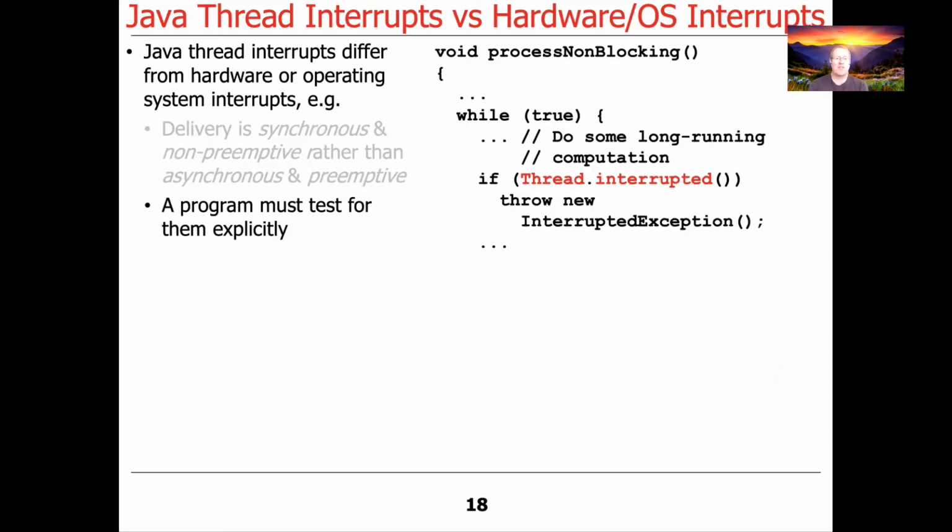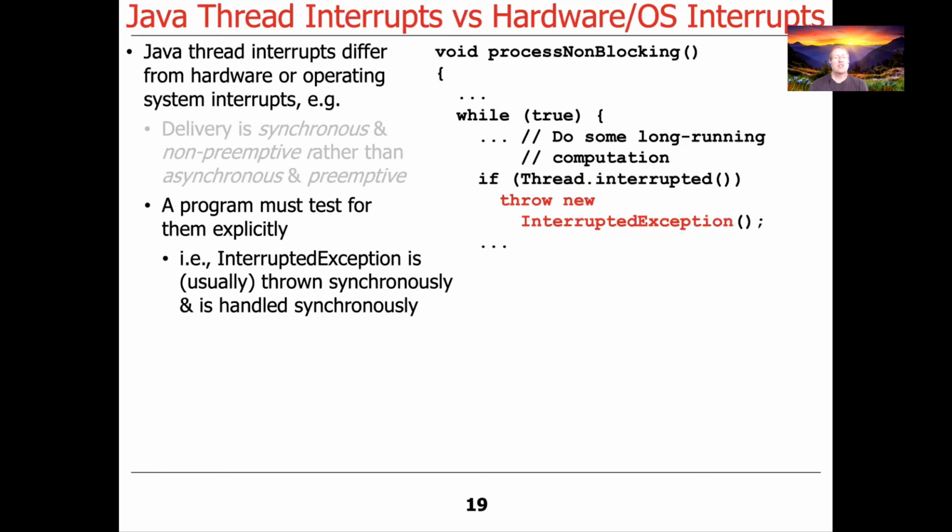As a consequence, a program has to test for these interrupts explicitly, as we've seen with our volatile flags or the Thread.isInterrupted or Thread.interrupted methods, which can be called to test whether the interrupt status flag has been set. Typically, we handle these things by throwing interrupted exceptions, but those are thrown synchronously and handled synchronously. They're not thrown asynchronously and they're not handled asynchronously.